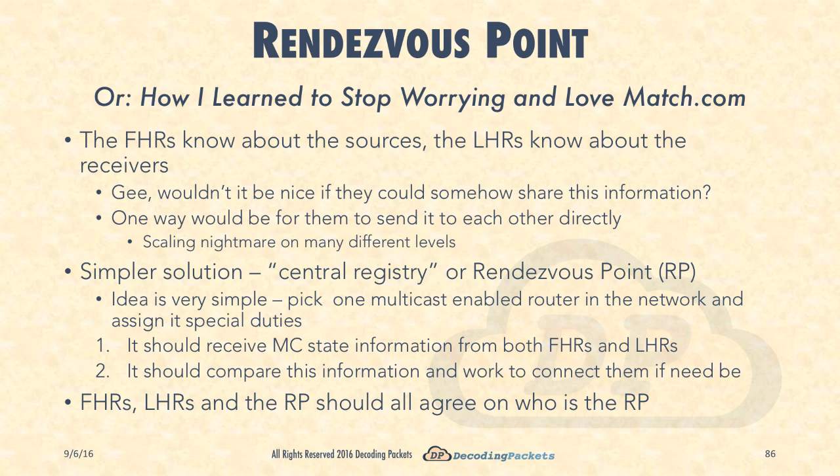Because if everybody has different ideas of the RP, now you have several different central registries, and really, how do you connect them? There are advanced level concepts that do break this rule a little bit, but for the most part, for the introduction, just imagine that all of them have to agree on what is the identity, or what is the IP, of this RP.